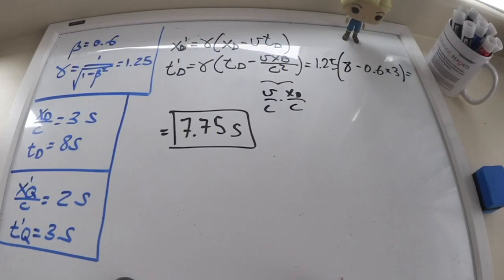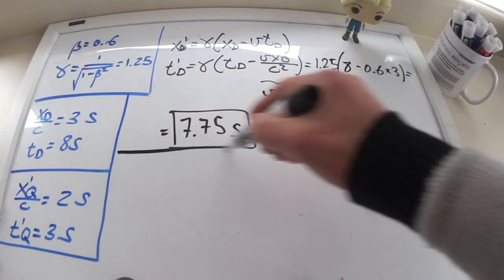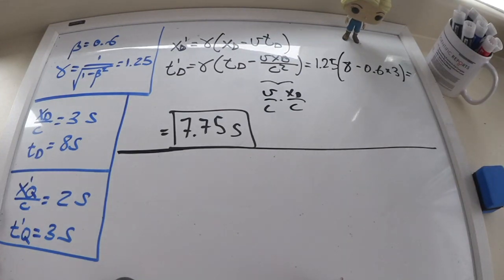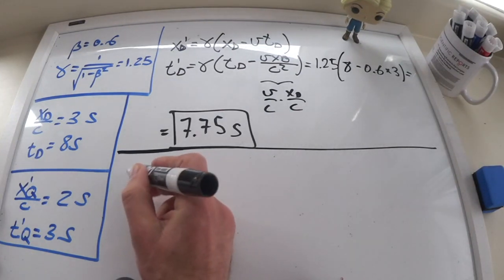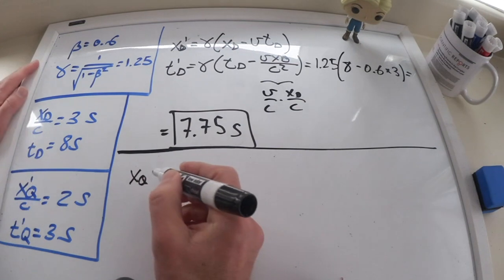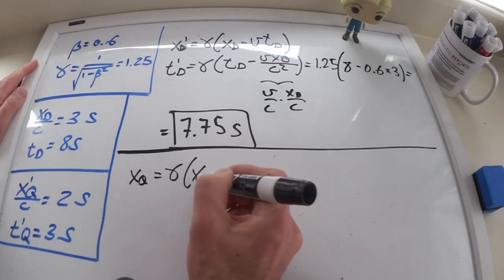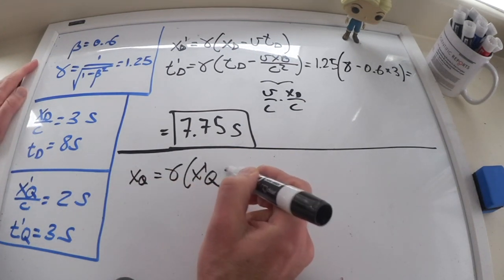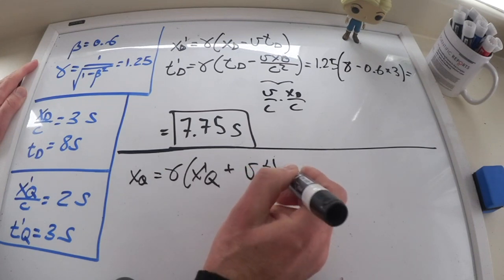Now let's find the coordinates as measured by Kessel of that explosion of the meteor on their shields. These are the coordinates as seen from the Millennium Falcon. They have the prime. So in order to go back, I have to write that x_Q equals gamma times (x'_Q plus v t'_Q).